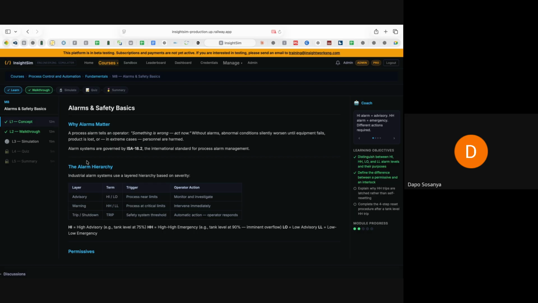In the plants, there are two types. We have the HSE, health, safety, and environment, and then there is the process safety, or functional safety. So alarms are what inform us that the process is going in an unacceptable direction.